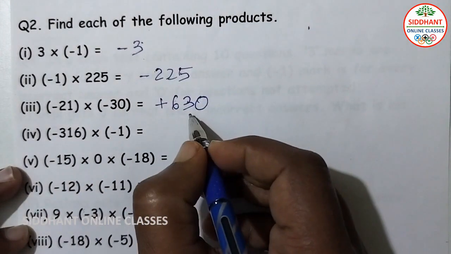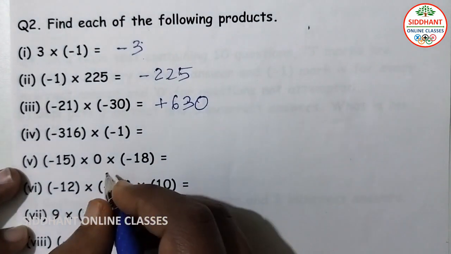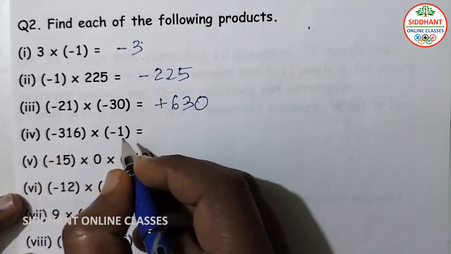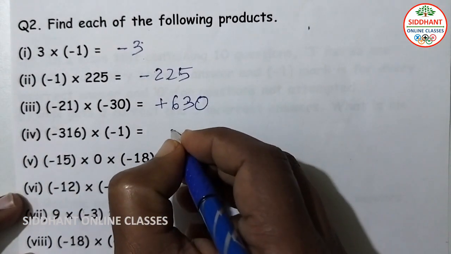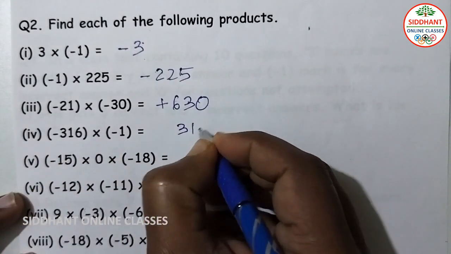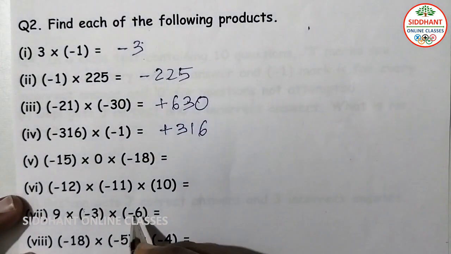So the answer will be plus 630. Fourth one, minus 316 into minus 1. So here 316 into 1 will be 316, and minus into minus, it will be plus.